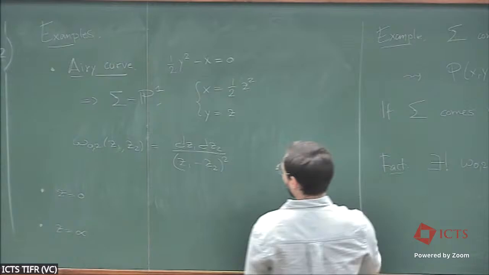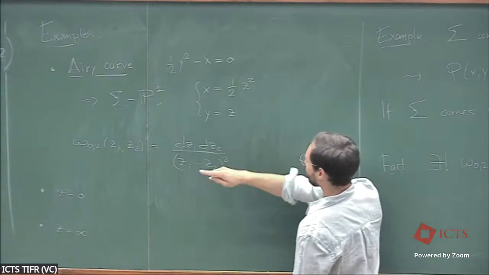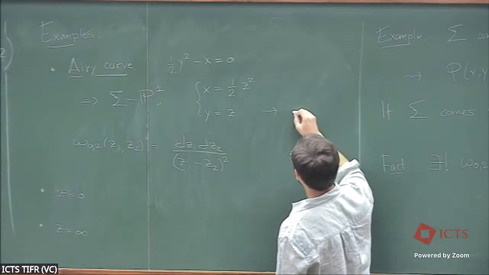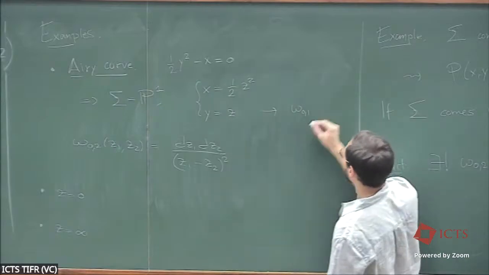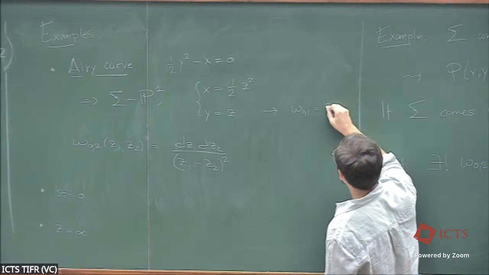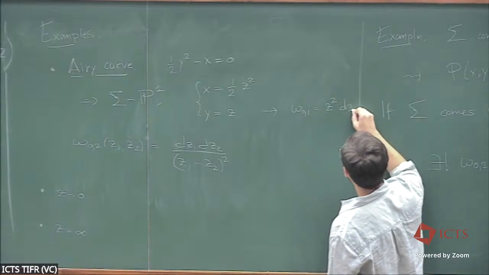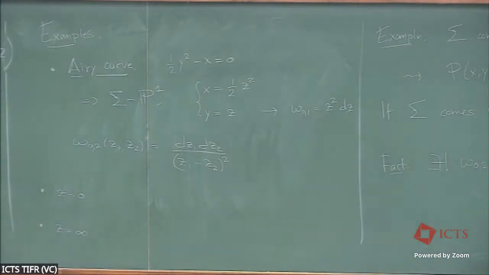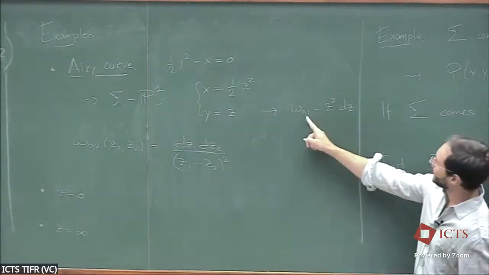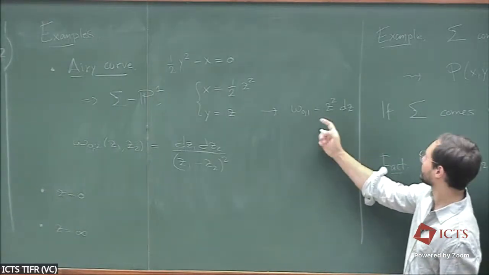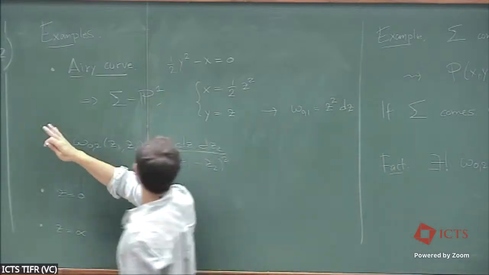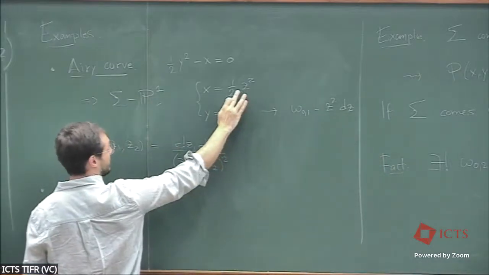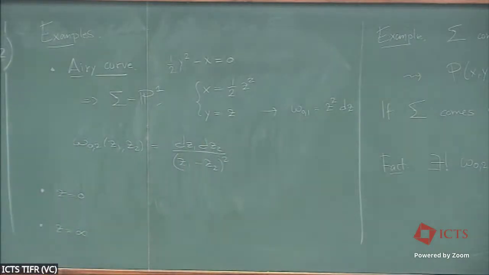And from this expression, I just erased this, but you remember that omega 0,1 is defined as y dx. So in this case, this is z squared dz. Okay. And maybe I should say here the local involution is actually global, z goes to minus z.